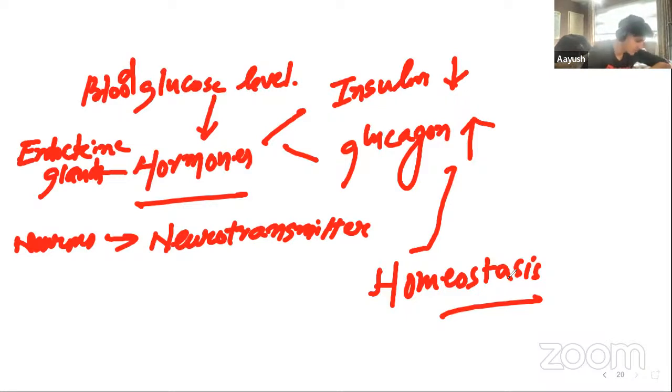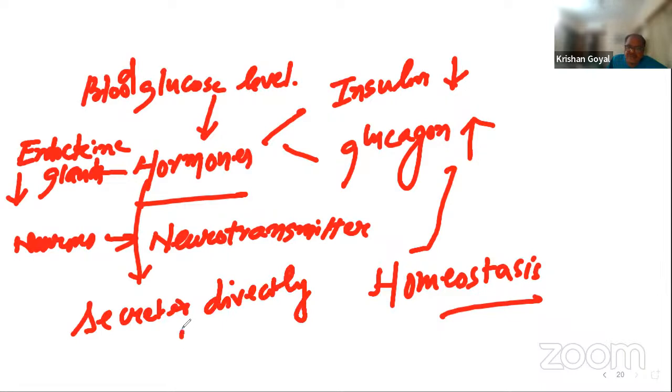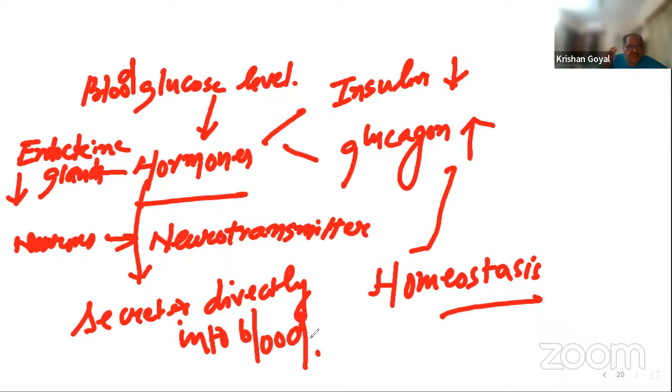Now, how do these hormones act? The glands which secrete hormones are called the endocrine glands. These hormones are secreted directly into the blood.